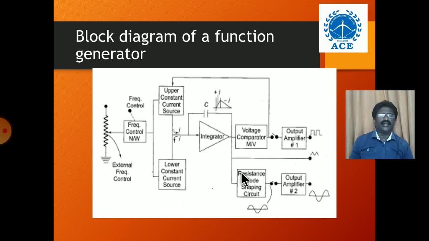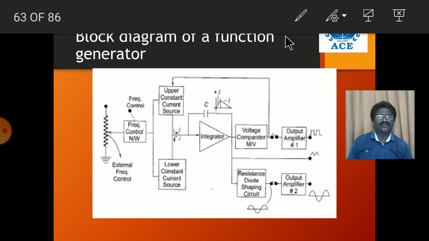So in the block diagram, you can observe the integrator. The integrator output is given by V naught equals minus 1 by C integral from 0 to T of I dt.